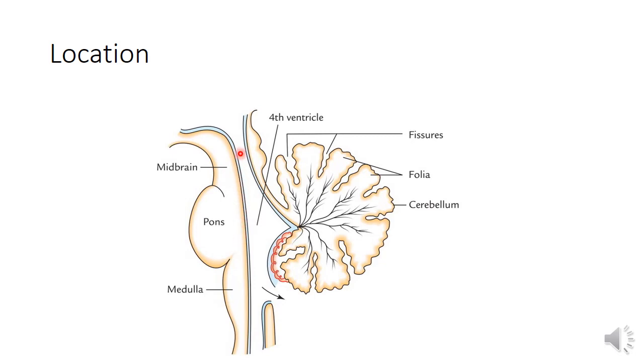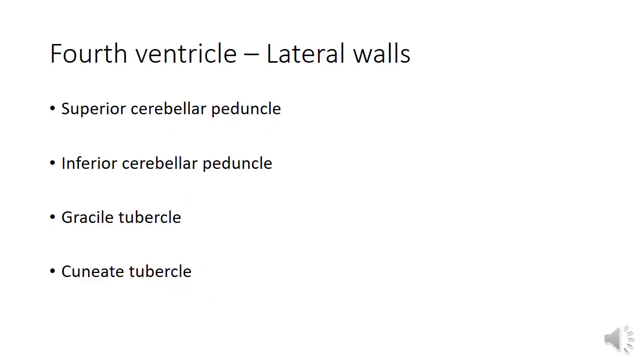It is bounded anteriorly by the pons and the medulla, because the brain stem is slightly tilted, and this forms the roof. This is the floor of the fourth ventricle, and on either side there are the lateral recesses.